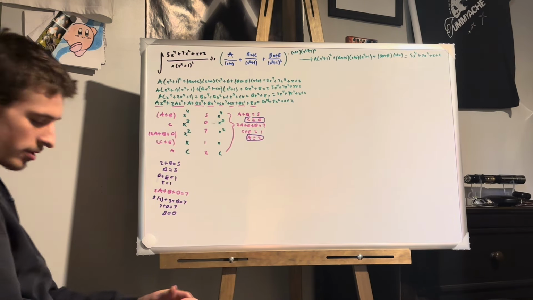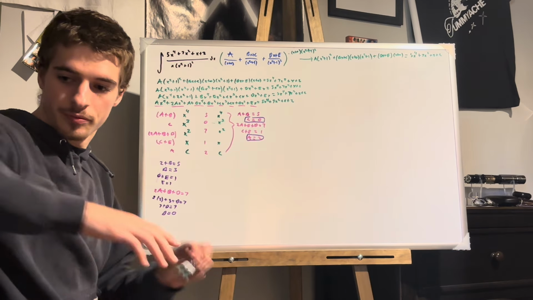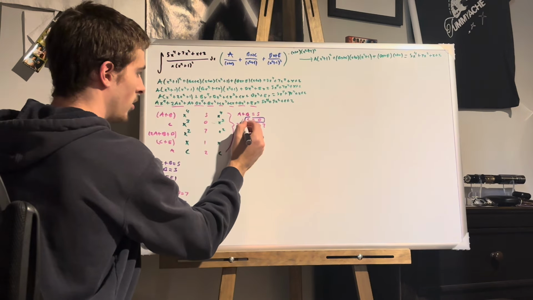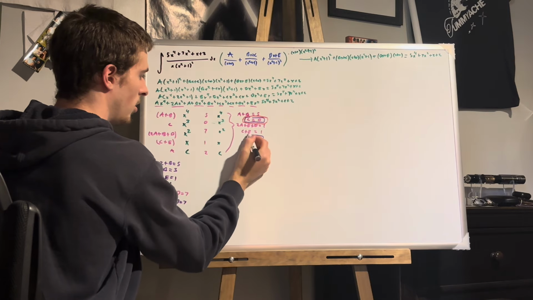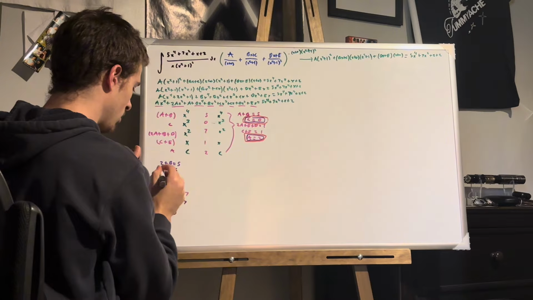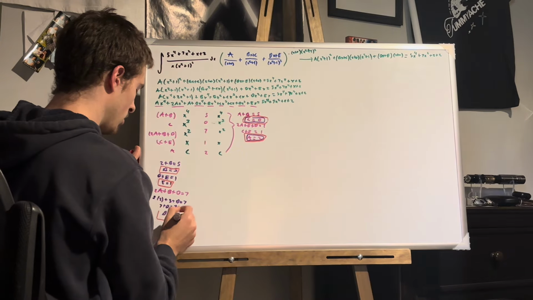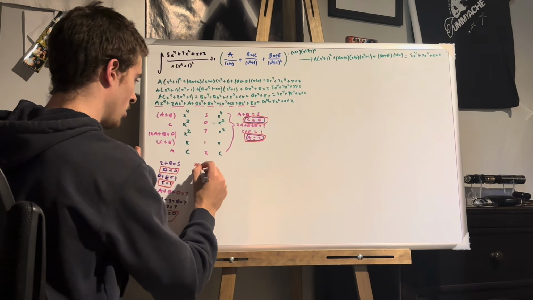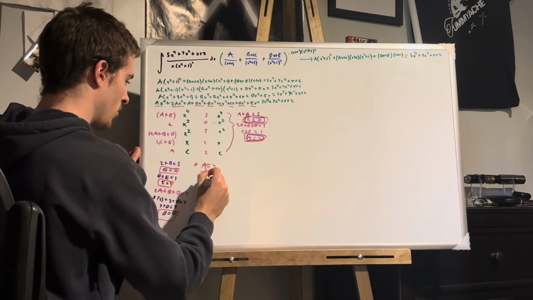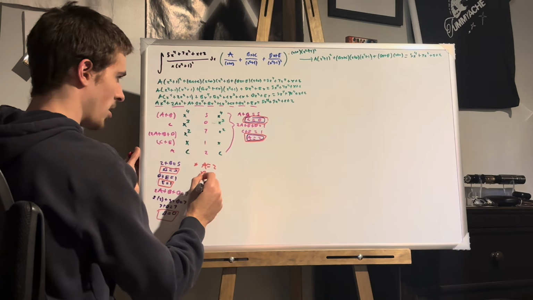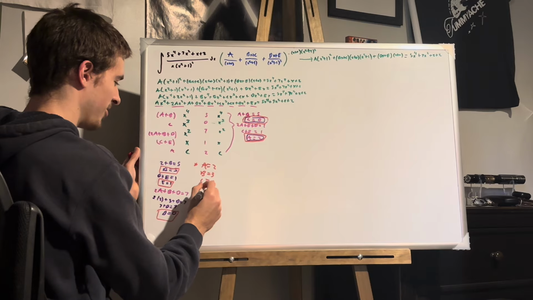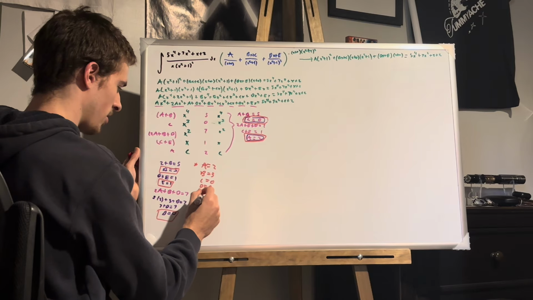So we have A equals 2, B equals 3, C equals 0, D equals 0, and E equals 1.